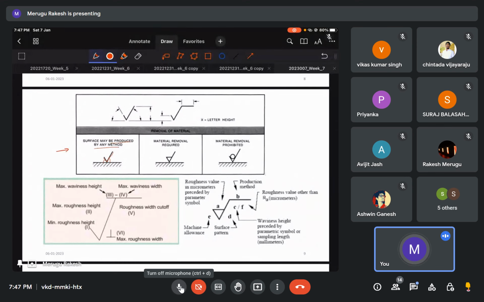If it is completely closed, material removal is required. If there is a circle in it, that means no material removal, no need to take any action. These are some of the terms we use in industry for identifying the type of action that we need to perform.